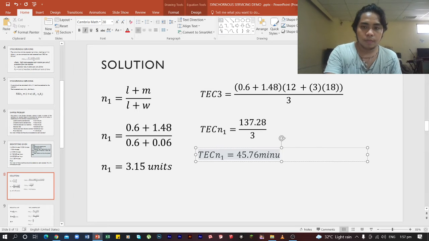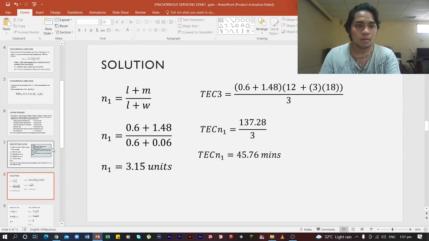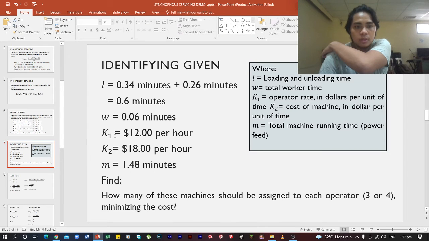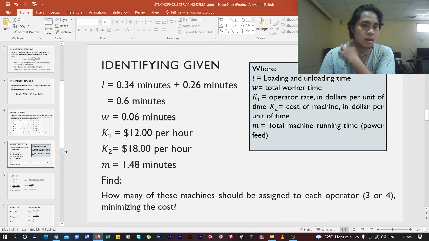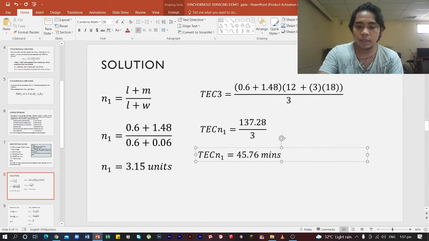Minutes, right? And we convert it into R, because R, as we can see here, the dollar rate is per hour. So let's divide it by 60.